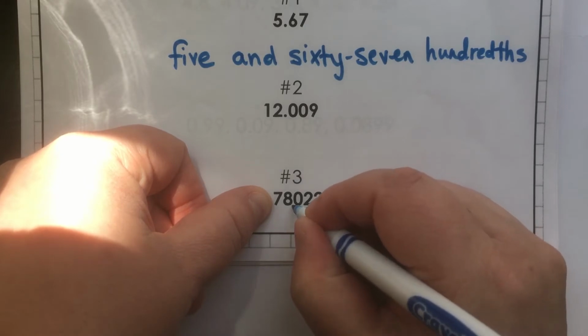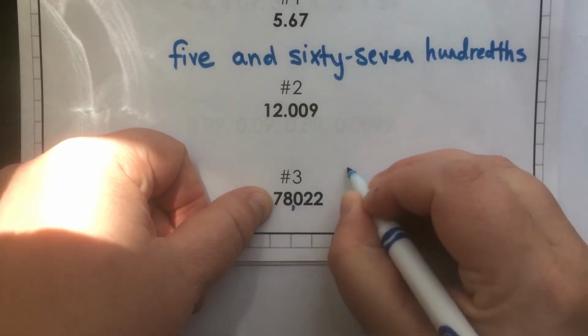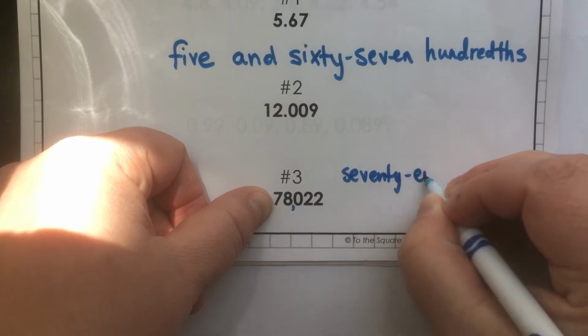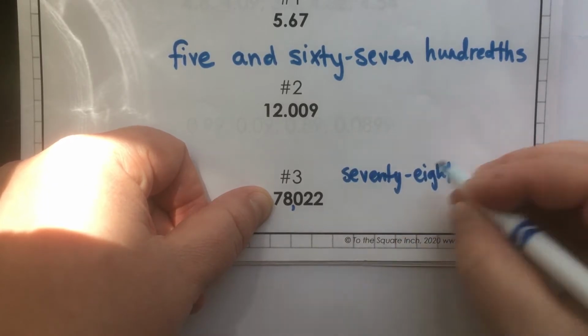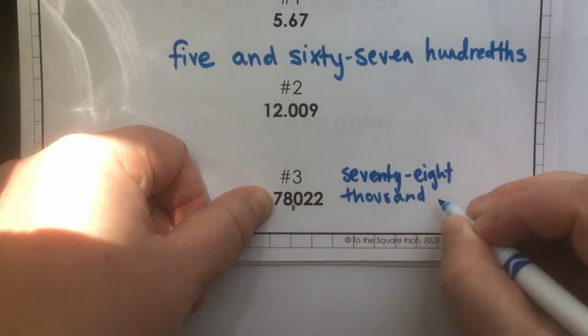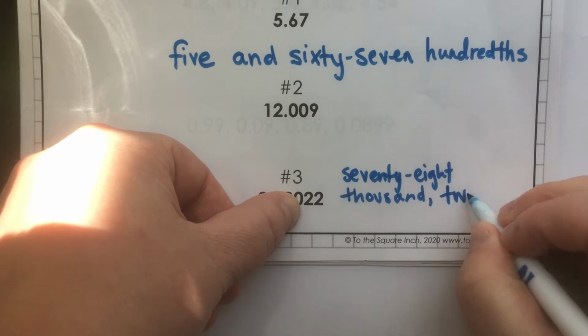Imagine that's a whole number right there. There's a comma. So this would be 78 thousand, comma, and then what's that part? 22.